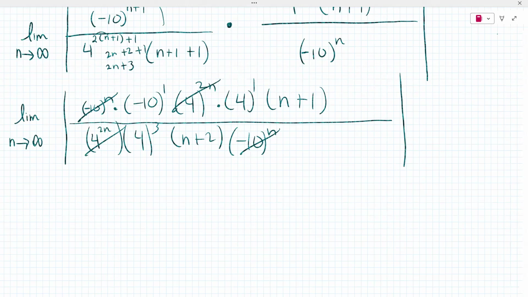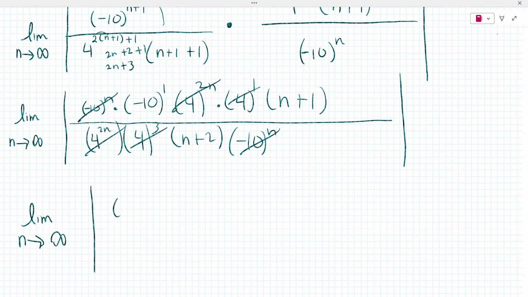So when you cancel everything out, you're left with n plus 1. I think these cancel. So now you're left with the limit as n approaches infinity of the absolute value.